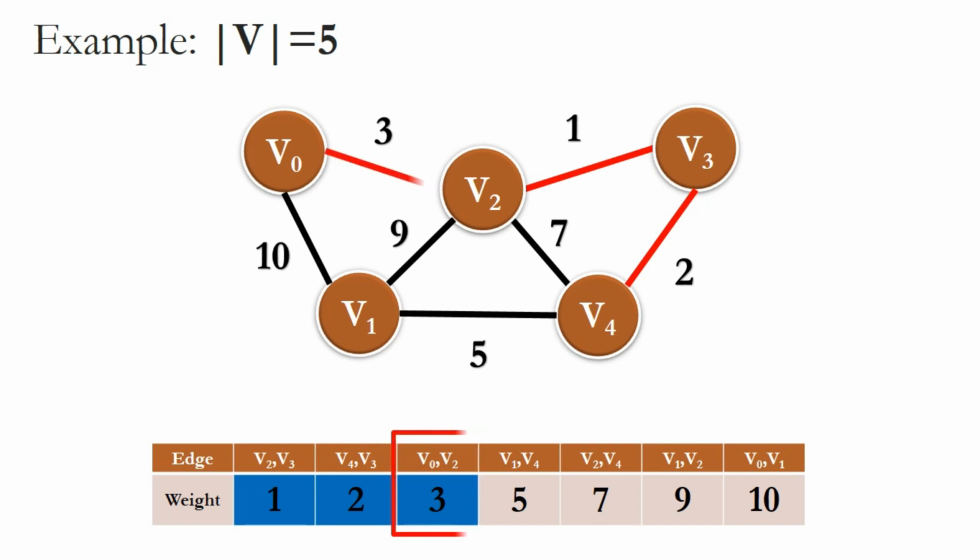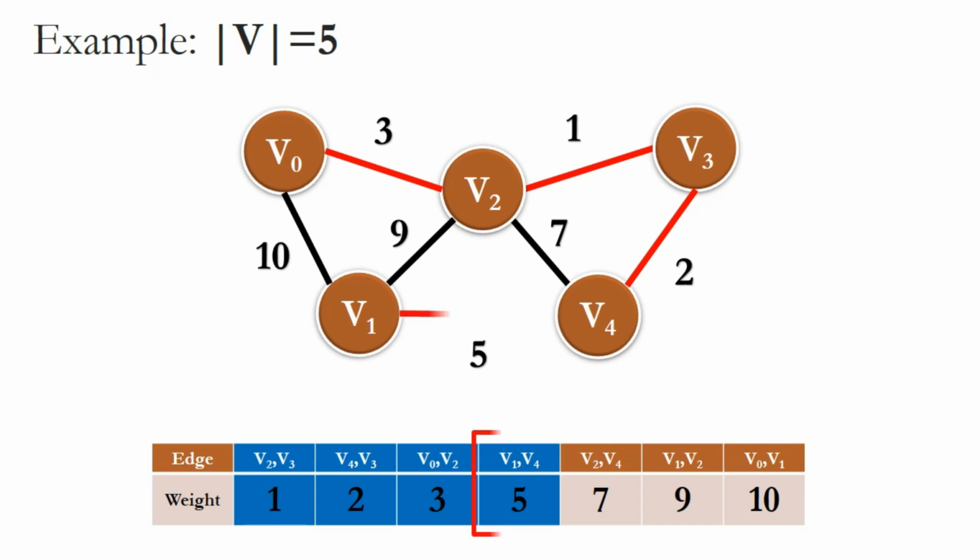As the third element represents the vertex 0 and 2, kapag in-interconnect natin silang tatlo, at kapag nag-form sila ng cycle, this vertex 0 and 2 will not be included in the spanning tree. And since napapansin naman natin na hindi pa sila nag-form ng cycle, therefore, vertex 0 and 2 is included in the spanning tree. That's for element number 3.